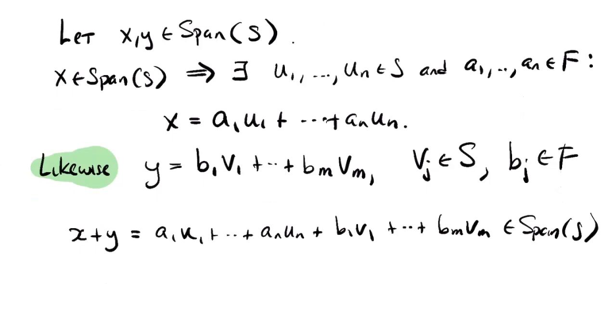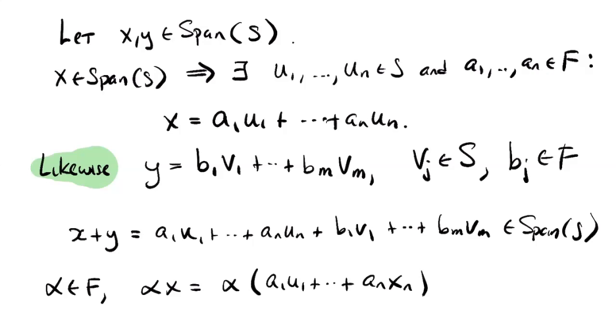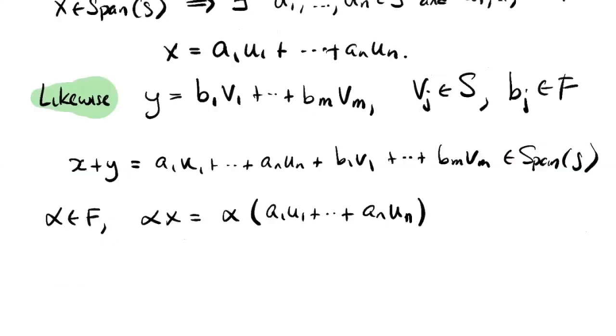Finally, if we take any scalar alpha and we multiply it by our X, well, you're just taking alpha and multiplying it by this sum, A1 U1 plus and so on. But we have, sorry about that, that's a V. UN, by the distributive law in the vector space.